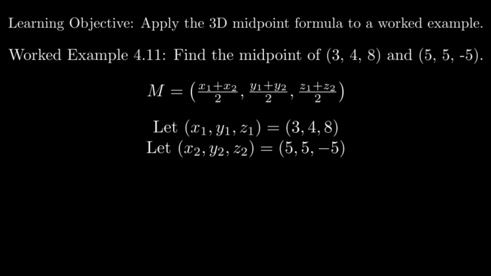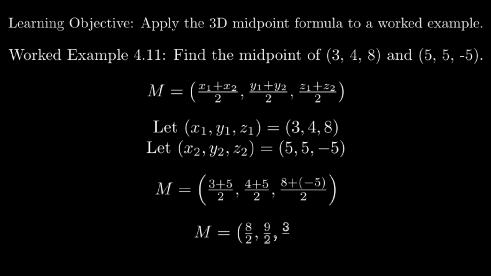Plugging these values into our formula gives us the following expression for the midpoint M. So M has an x-coordinate of (3 + 5)/2, a y-coordinate of (4 + 5)/2, and a z-coordinate of (8 + (-5))/2. Now we just need to perform the arithmetic for each coordinate. This simplifies to 8/2 for x, 9/2 for y, and 3/2 for z.